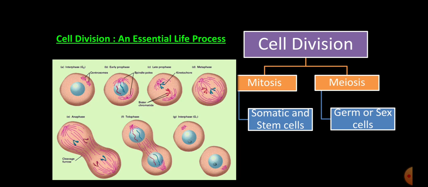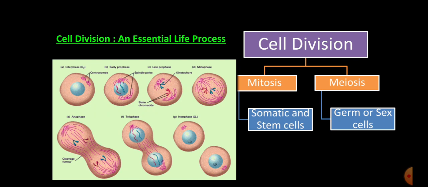Now students, the major difference between mitosis and meiosis is, can anyone recall? Yes, in mitosis, the number of chromosomes remains the same, whereas in meiosis, the number of chromosomes becomes half.